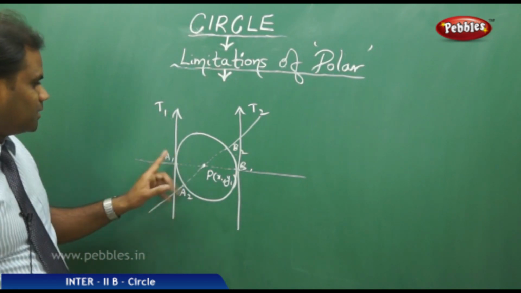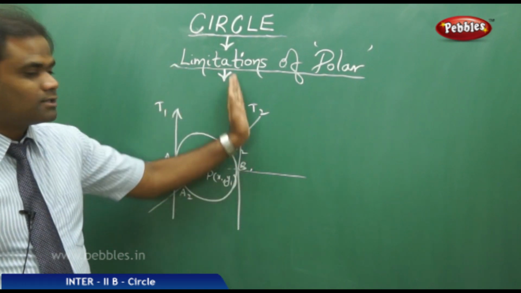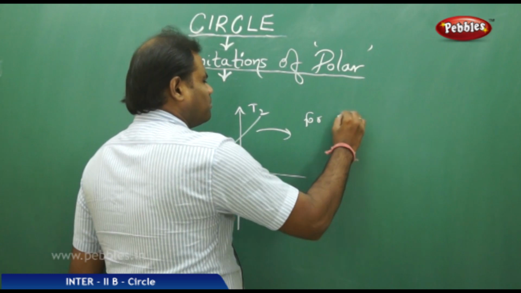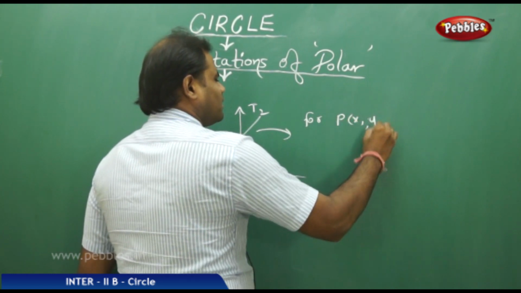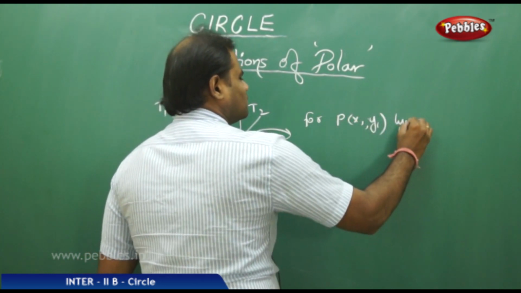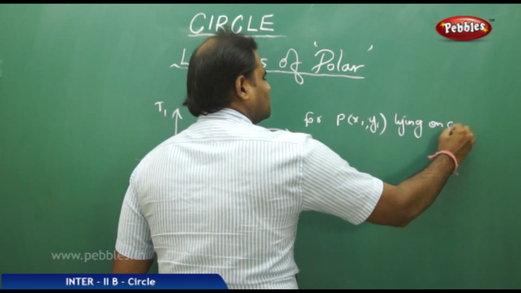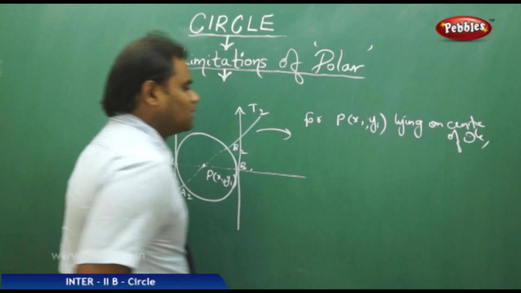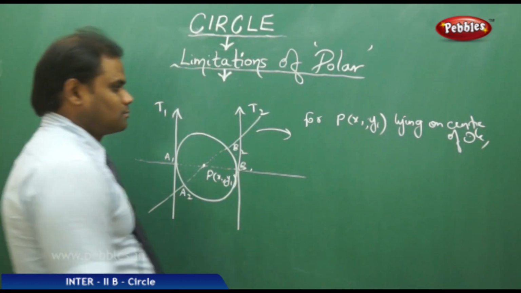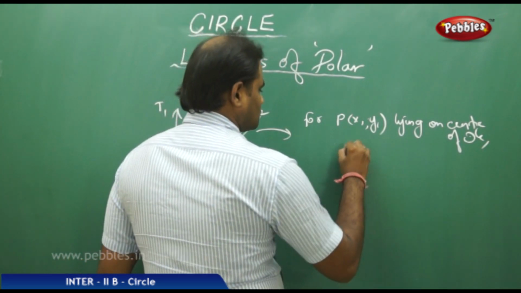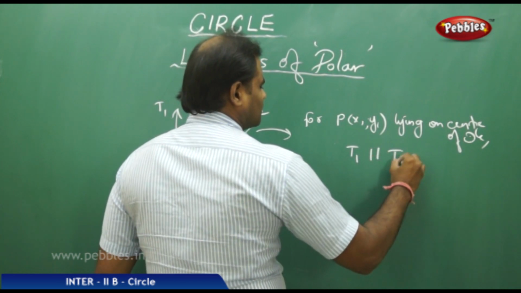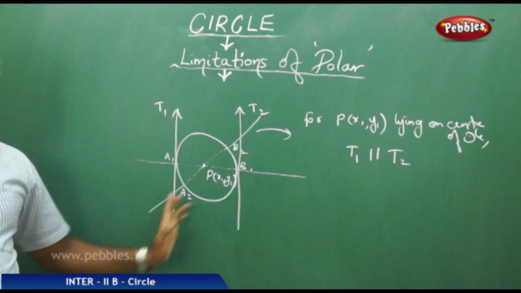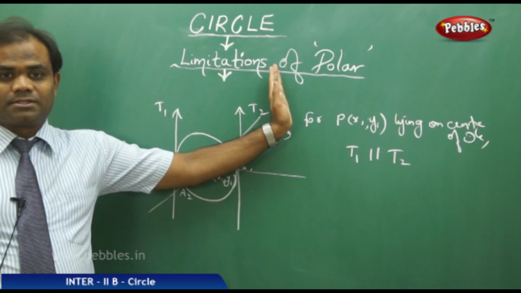But interestingly here, the two tangents are parallel. So since P (x1, y1) lies at the center of the circle, I get two tangents which are parallel. So for a point at the center of the circle, I get a chord with a pair of parallel tangents.